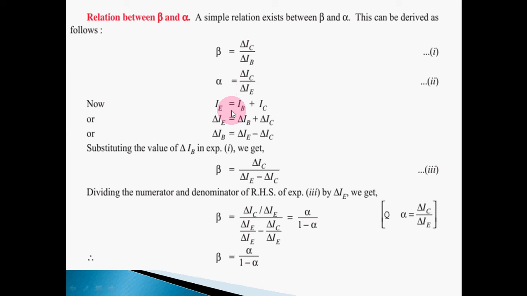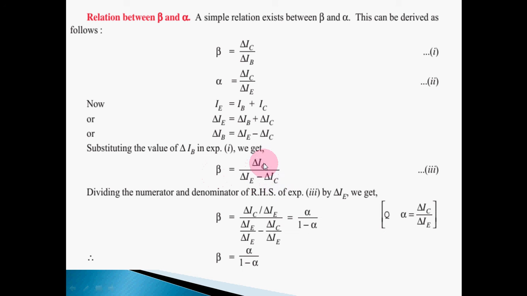From general transistor action we know that the emitter current IE equals the base current IB plus IC. Similarly, from this equation it can be written that IB equals IE minus IC. Now substitute the value of IB, that is IB equals IE minus IC, in equation number 1, and we get beta equals IC by IE minus IC.